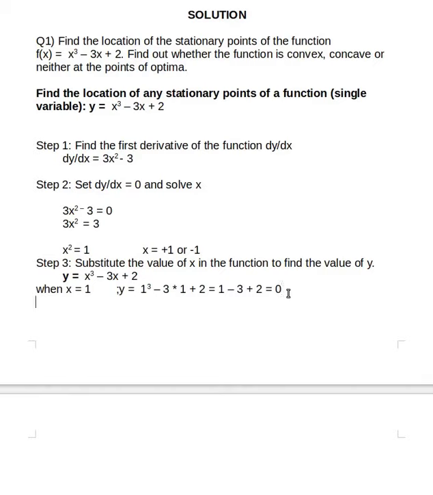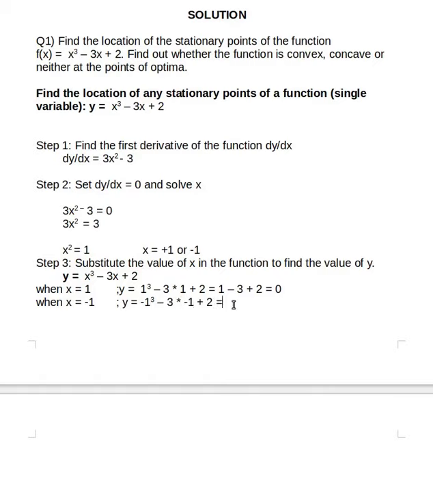Similar case for when x equal to minus 1. Since we get two values for x, we have to find the value for y for both the values of x. So in this scenario, minus 1 cube minus 3 into minus 1.